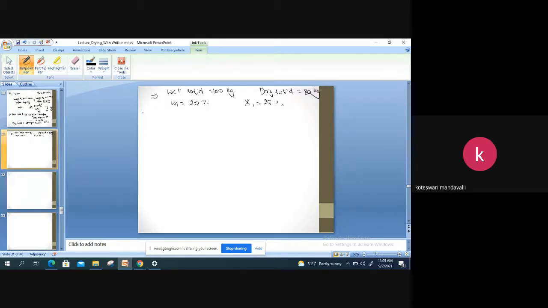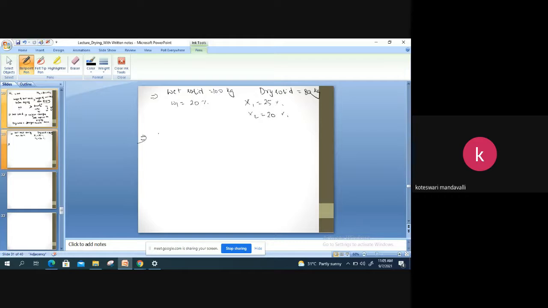And after drying the values are given as W2 as some... W2 was not given. Suppose W2 is not given, suppose they asked only on wet basis. So W2 is not given, so they told X2 as 20%. Okay, suppose let's assume this case.